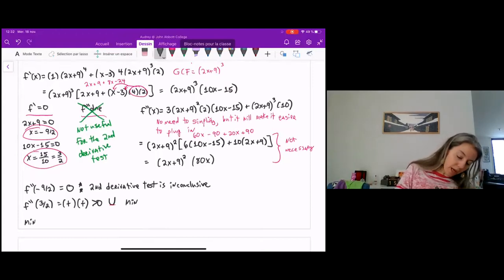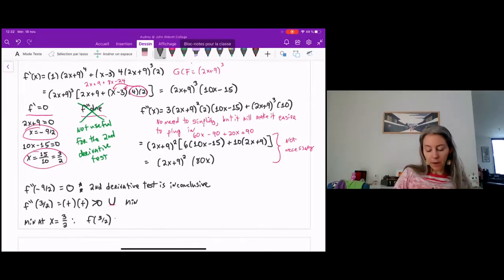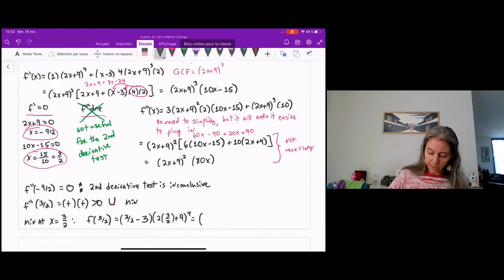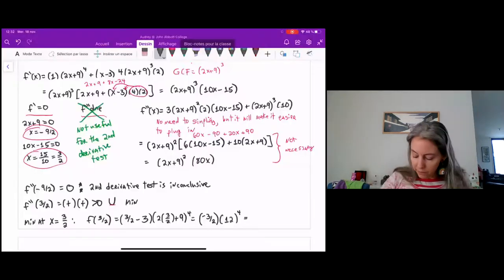So I have a min at x is equal to 3 over 2, which I'm going to then plug in to my original function. So I have 3 over 2 minus 3 times 2 times 3 over 2 plus 9 to the 4th. 3 over 2 minus 3 gives me a negative 3 over 2, and then that's times 12 to the 4th, which I'm going to pause and plug into my calculator, which gives me a negative 31,104.